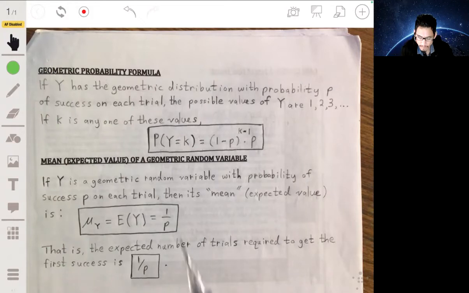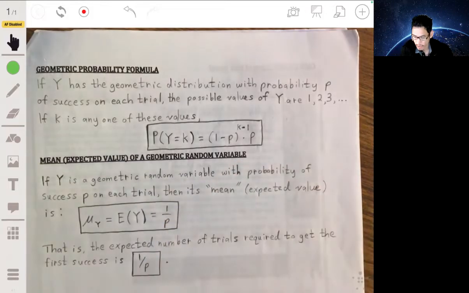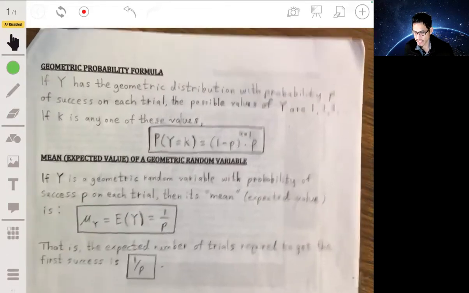Now let's think about what this means, because it's actually pretty intuitive. Going back to the die problem, we're rolling a pair of dice. The probability of getting doubles is 1 out of 6.